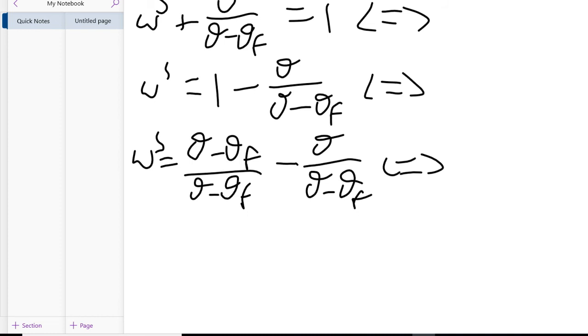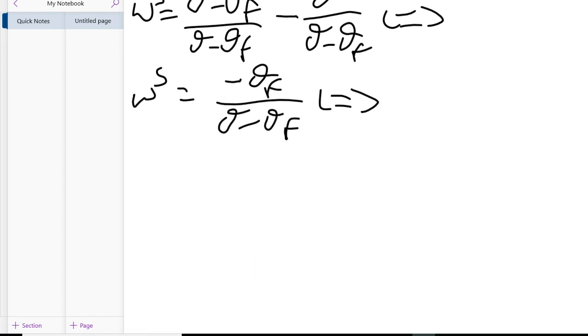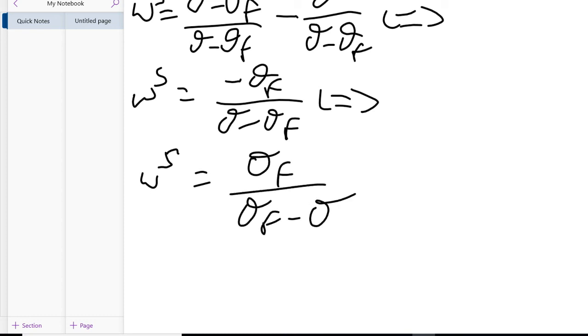And obviously this is equivalent to w_S being equal to negative sigma_f over (sigma minus sigma_f). Again, we will get rid of the negative numerator to finally be led to the weight of the stock being equal to sigma_f over (sigma_f minus sigma).